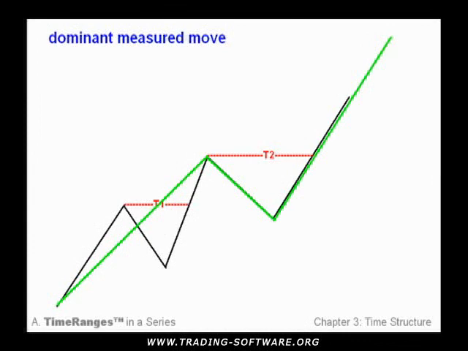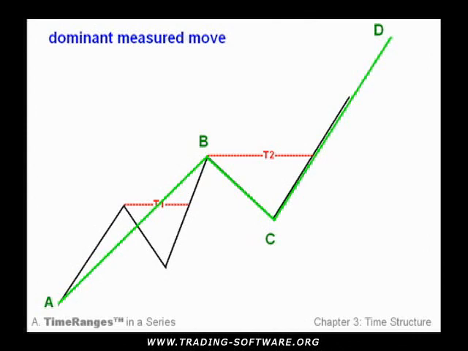Again, we're drawing the dominant measured move to include only the widest time range, and we're going to ignore the narrower one. As in all measured moves, the dominant measured move follows the same rules. In other words, where is the retracement, how deep, how shallow? In this case, the BC looks very shallow. Again, we're ignoring T1. We're ignoring the pivots that are associated with T1.